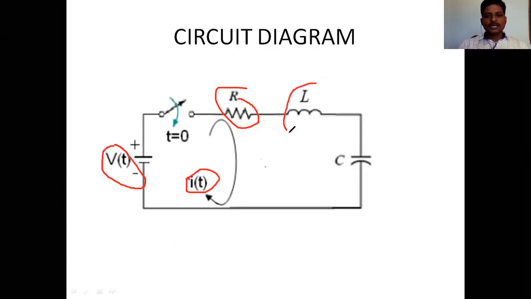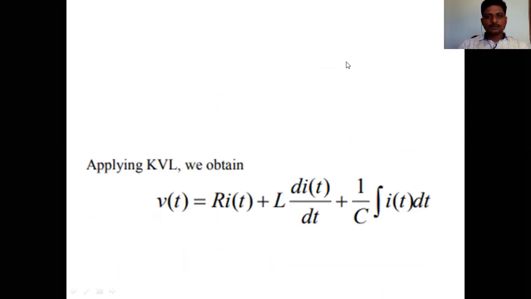Next, L into di by dt means voltage drop across the inductor. Next, the voltage drop across the capacitor is 1 by C integral I of t dt. So that is the application of Kirchhoff's voltage law.